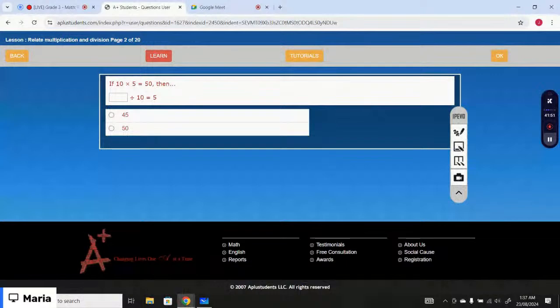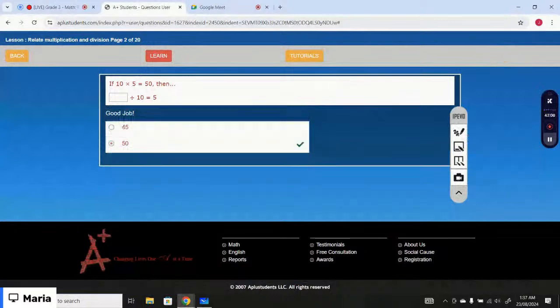The correct option is 50. 50 divided by 10 is 5.